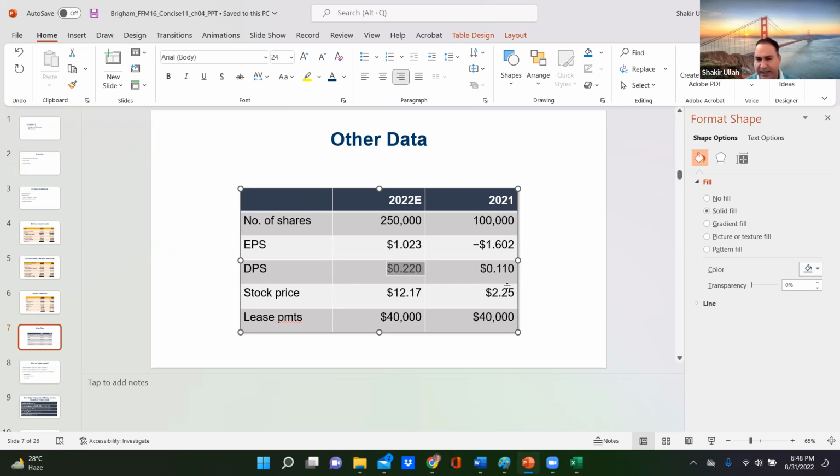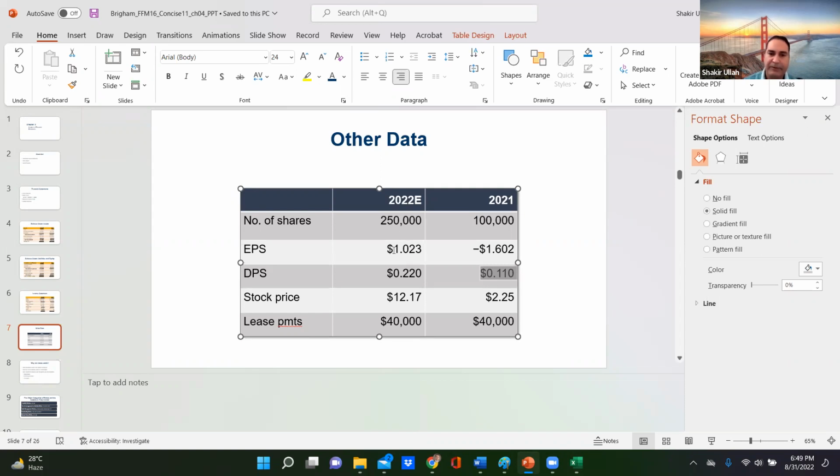Now here's a question, if somebody can answer me, it's interesting. Their earnings per share was a negative number last year, which means they lost money, but they still paid dividend. How do we explain that? In the current year, they earned $1.023 for each share.